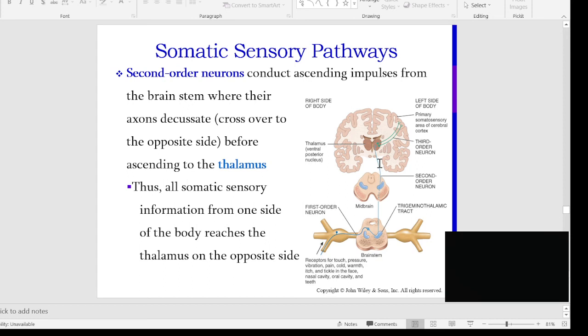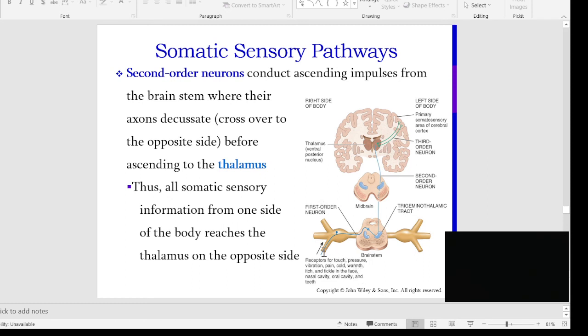And from there going to the cortex is your third order neuron. Not the brainstem, rather the thalamus, in the diencephalon, where the second order neuron terminates. That is for the sensory.